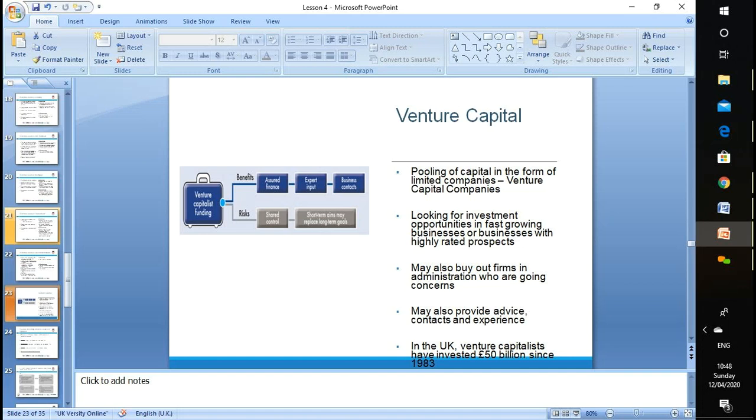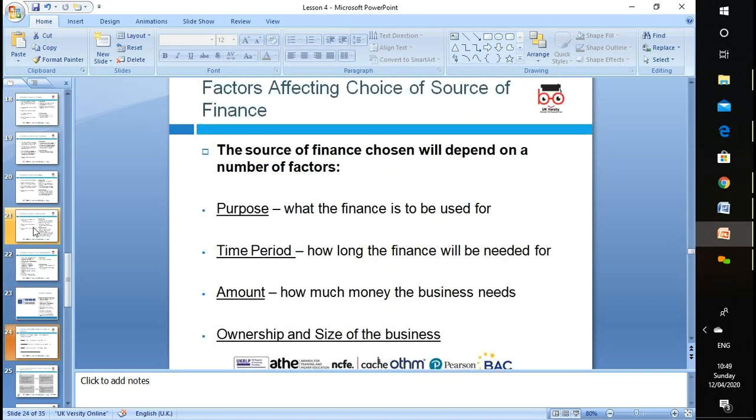Venture capital is pooling capital into the form of limited companies, venture capital companies, looking for investment opportunities in fast-growing businesses with highly rated prospects, and may also buy out the firm and administration as a going concern. So you need to look around at these, and we have to decide. Anybody any question?